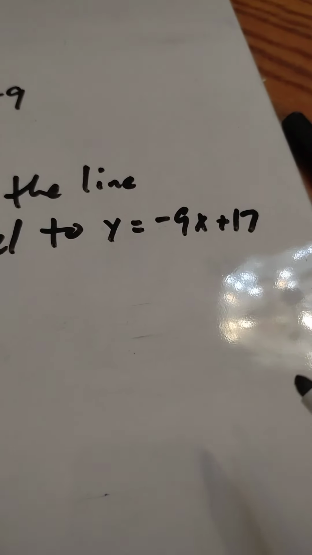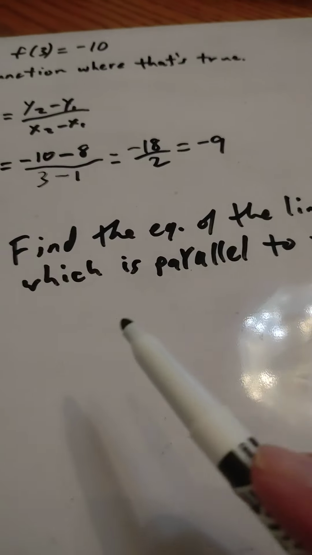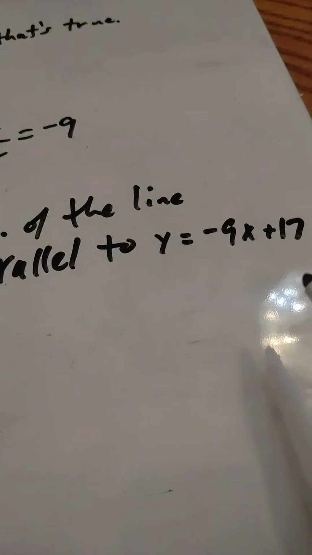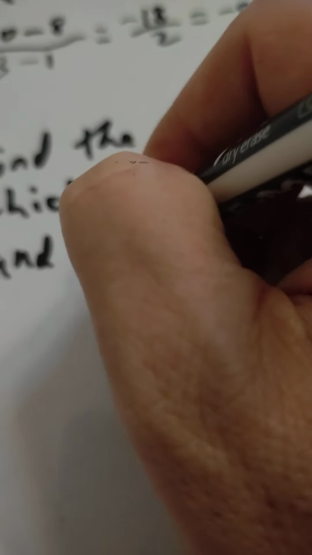That's the line that we just found. See if we can find an equation of a line which is parallel to this line and goes through the point, we'll say, 1, -1.